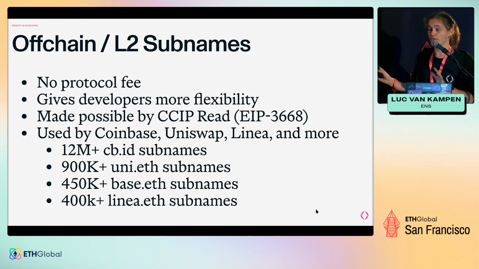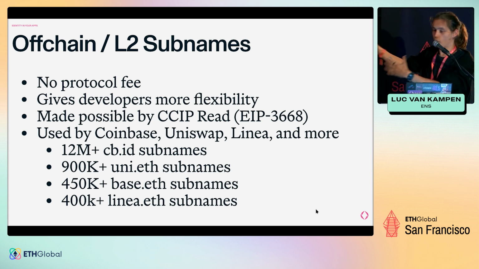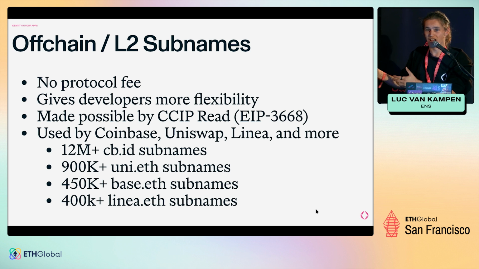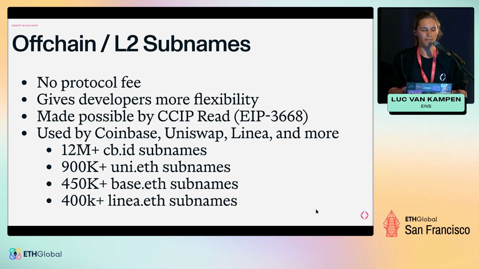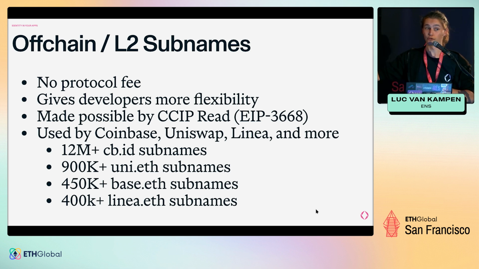So there's also off-chain names and L2 subnames. Those don't have a protocol fee at all, and they give developers more flexibility. So the way that works is once you own a name, you can deploy a contract, a resolver, and you can basically tell that resolver to load information from another location, whether that's a contract on an L2 that does state root verification on the way back, or whether that's from an API off-chain.